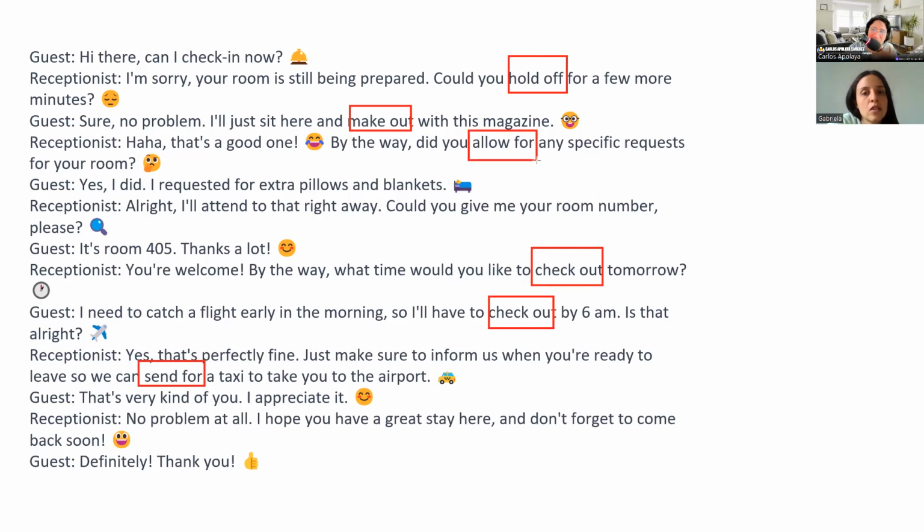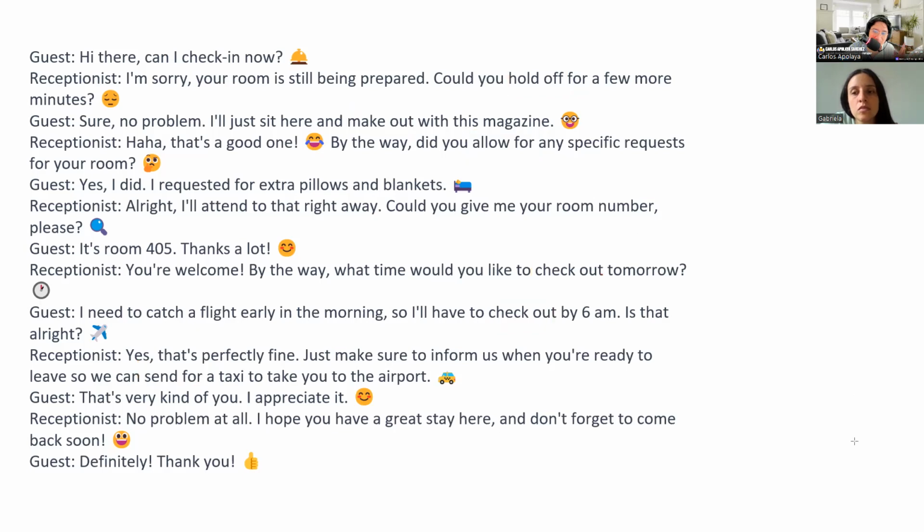These are special phrasal verbs that we only use in this environment, in a hotel. If you work as a front desk clerk or as a receptionist, you need to practice these phrasal verbs. They are mandatory because you will use them all the time.